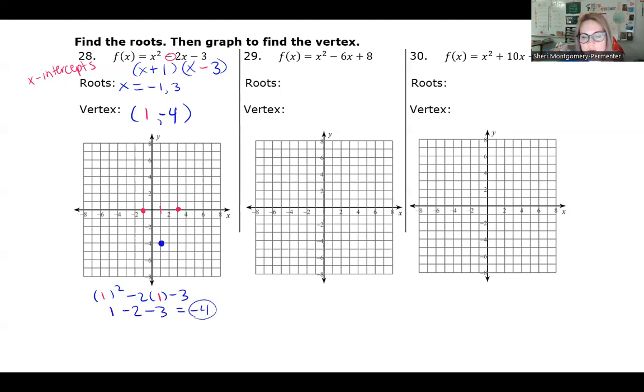Our graph for a quadratic looks like a U. Mine looks kind of ugly, but it should look like a U. So once you find the roots, you plot them.